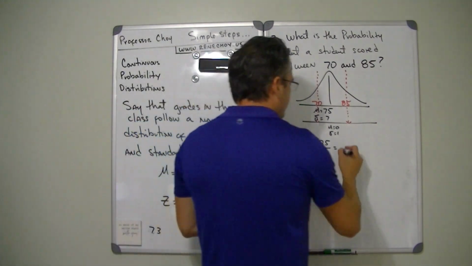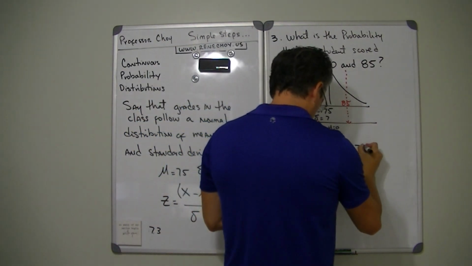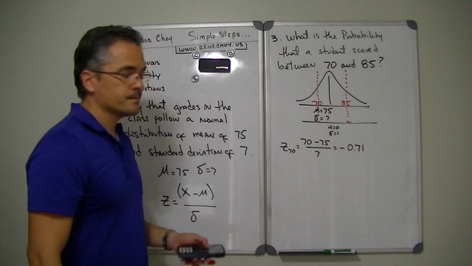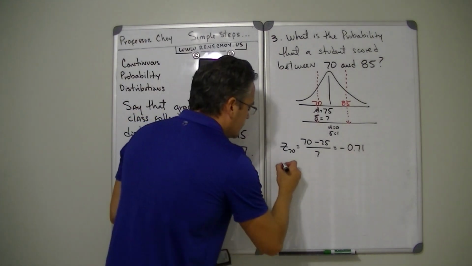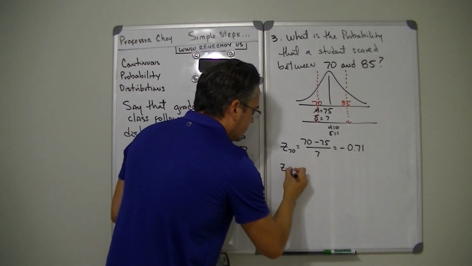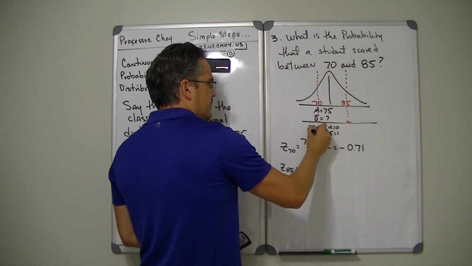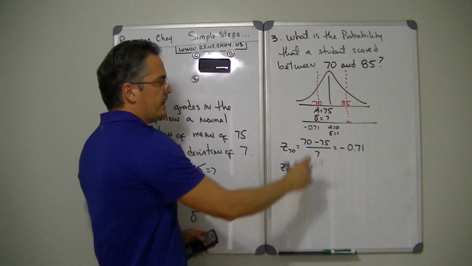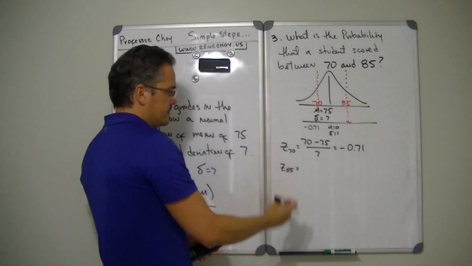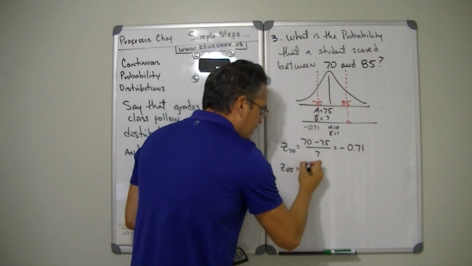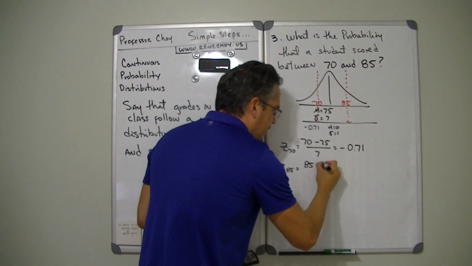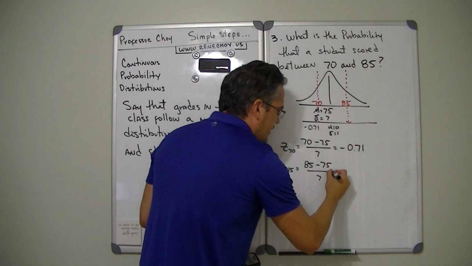And we're going to have negative 0.71. Now the z of 85, because we need to find the z-value of this. Now remember, the negative just means that you're left of the center. Z of 85 is 85 minus 75 divided by 7.